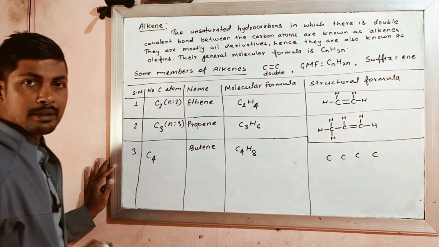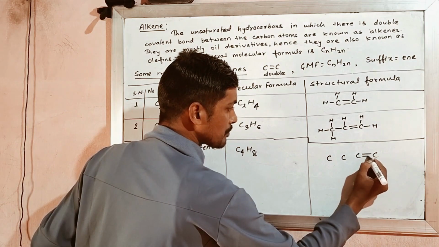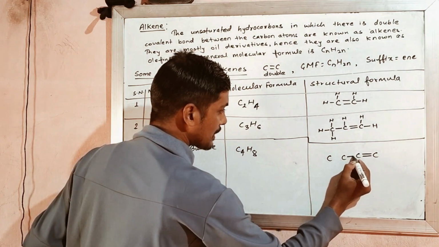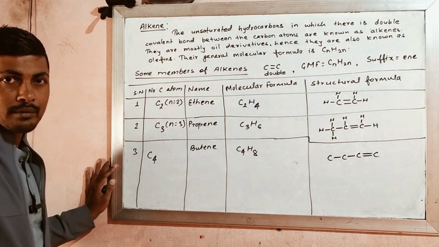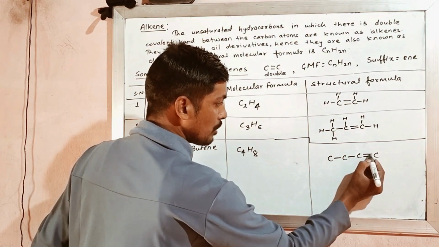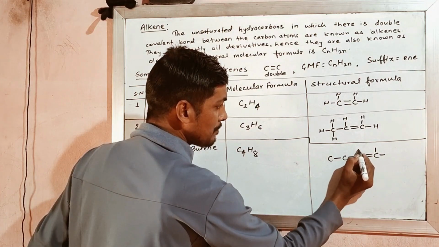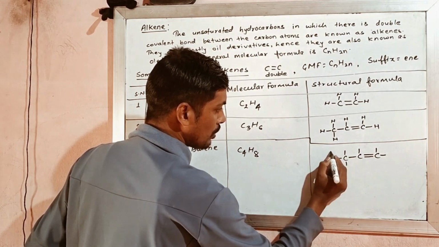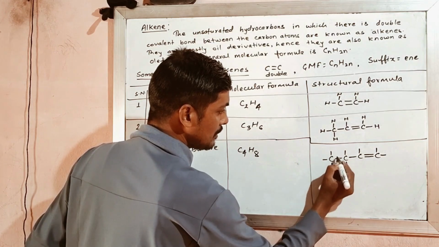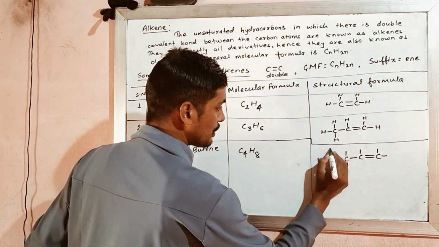Connect a double bond between any 2 carbon atoms. Here a double bond, and between the rest of the carbon atoms a single bond. Now complete 4 bonds around each carbon atom: 1, 2, 3, 4. 1, 2, 3 already. One more here. 1, 2, 3, 4. Now connect hydrogen to each covalent bond.